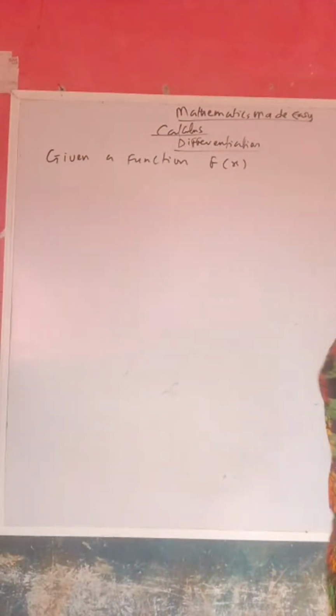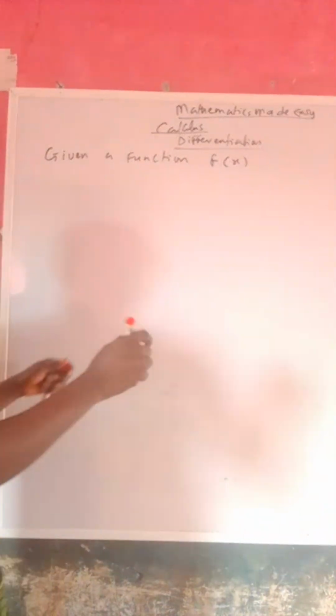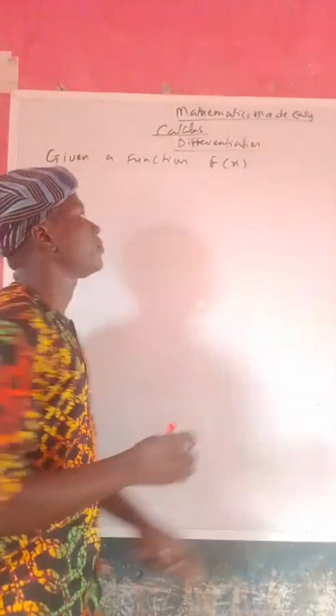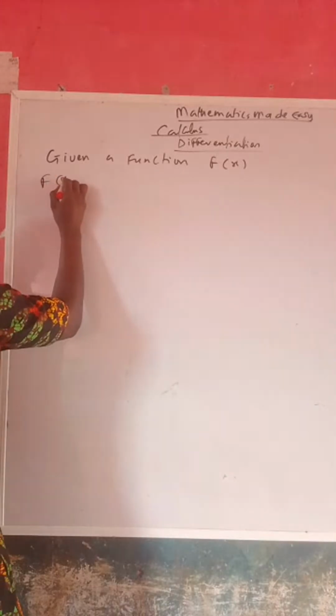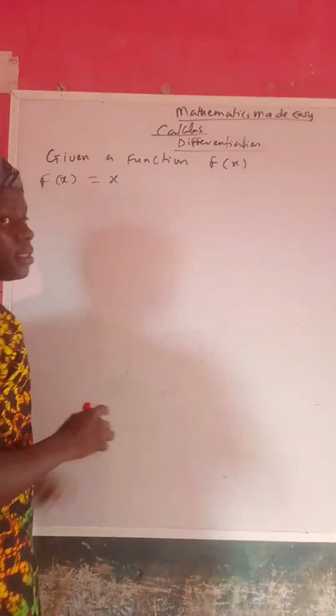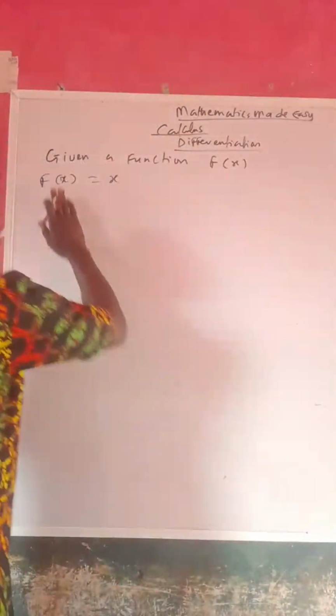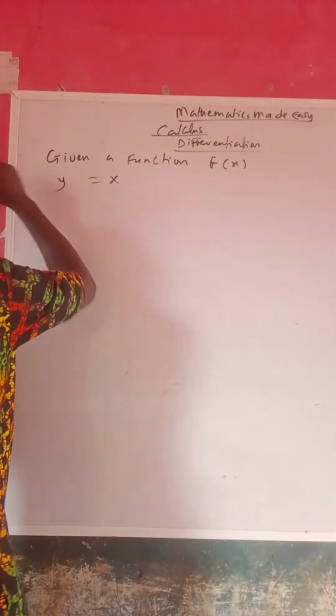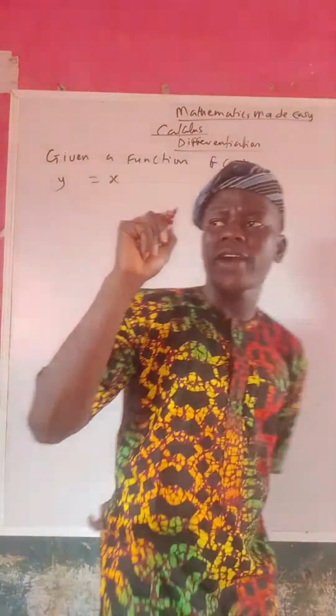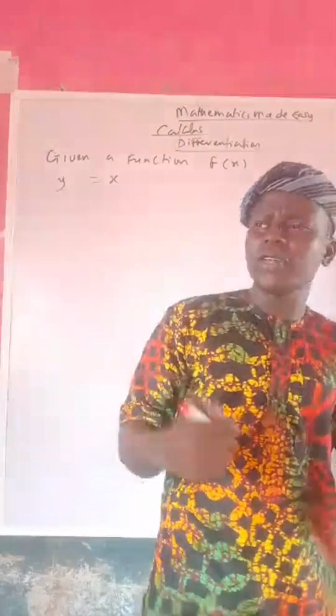Now, look at it. I'm going to use the first example and the second example. We have f of x equals x. This is the first example I did. So using this method, let me call this y. We have y is equal to x, and I want to find the derivative using the first principle. In case you don't remember the formula, you can actually do it this way.